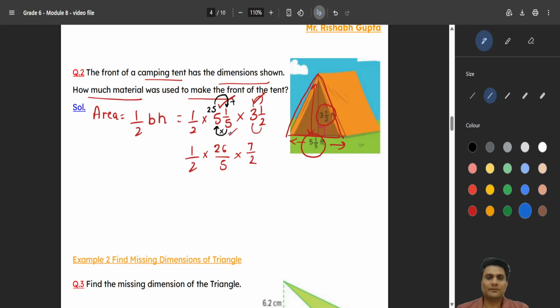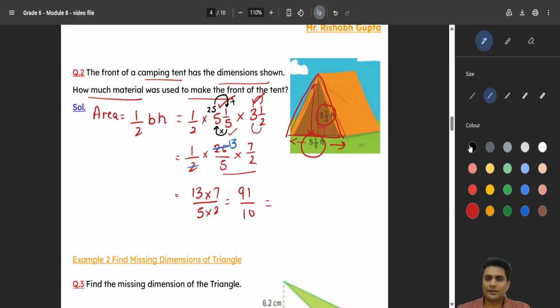Now before I proceed, I can divide the 26 by 2. So 26 divided by 2 gives me 13. Now what do I have? 13 times 7 over 5 times 2. 13 times 7 is 91. 5 times 2 is 10.